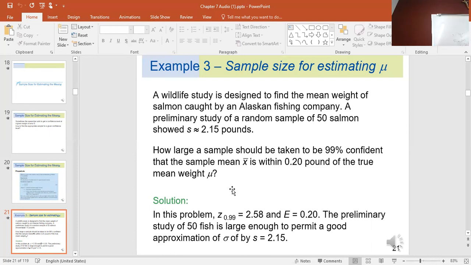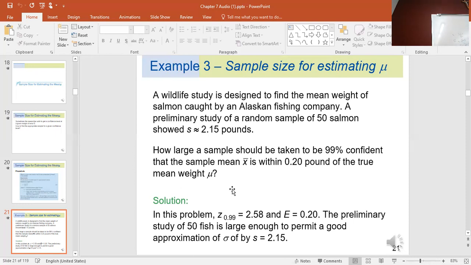To do this, we look at the confidence level 99%. Z alpha over 2 for 99% is 2.58. The standard deviation is known to be 2.15, because those who have been fishing there have determined the standard deviation in the past.